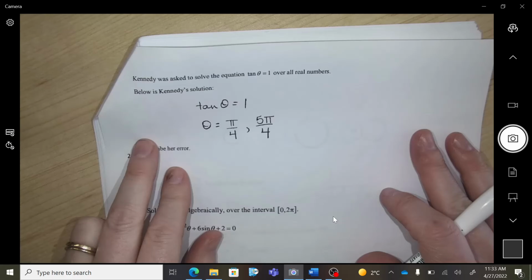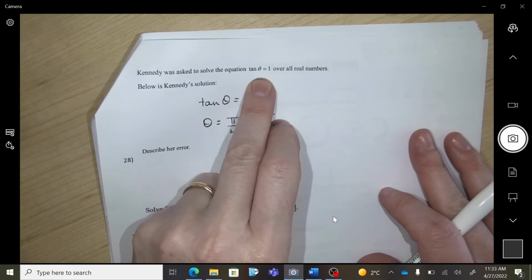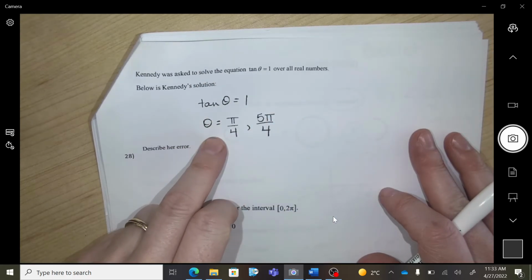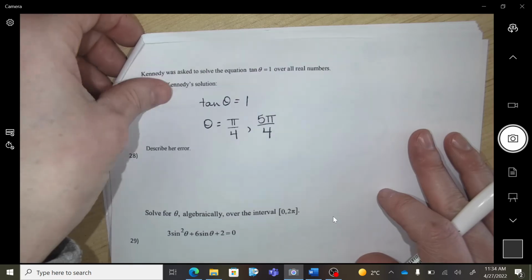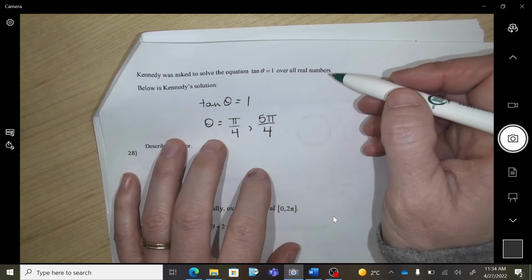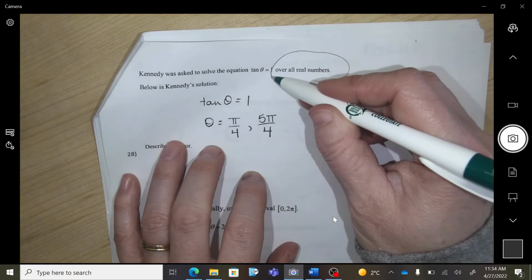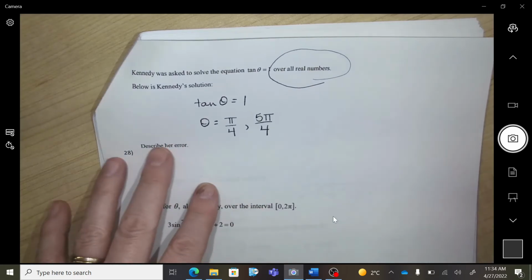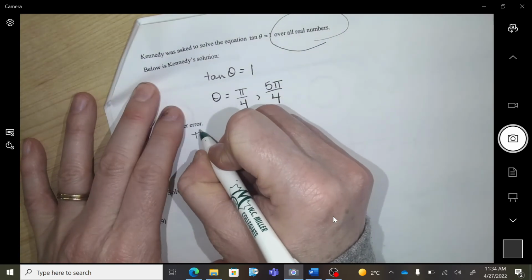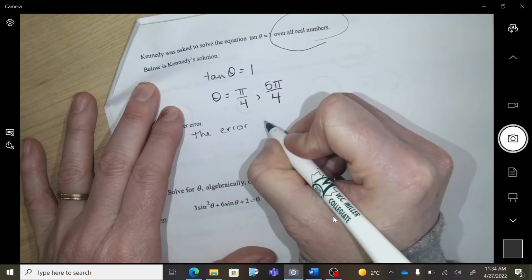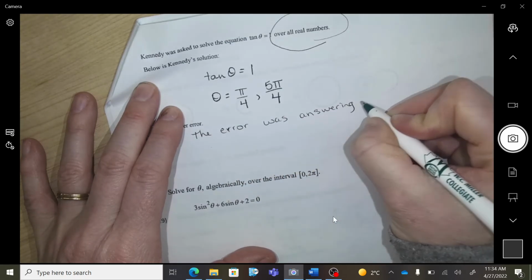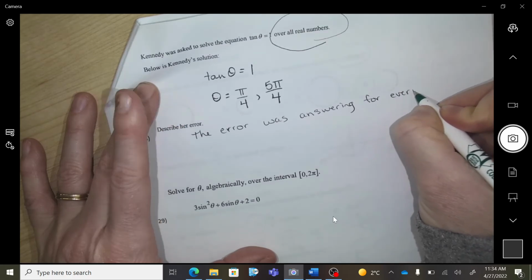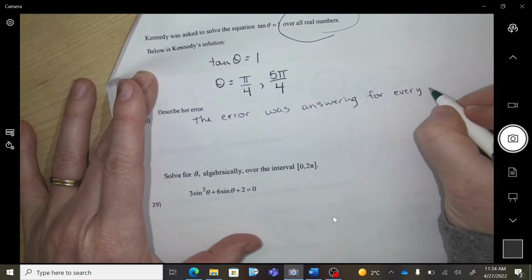Okay, 28. Kennedy was asked to solve this equation and we're describing the error on this. So I think that the mistake that was made was in the domain. So the error was answering for every real angle.